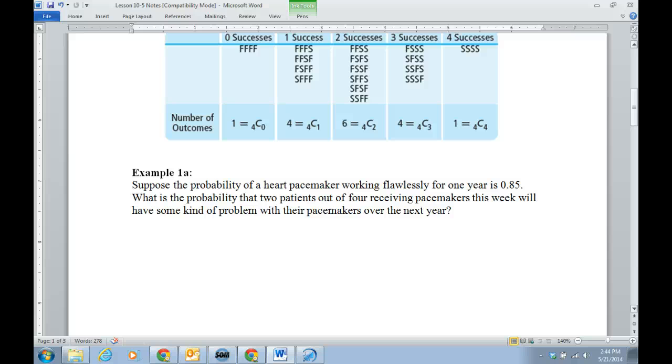Okay. So, first of all, we need to look at the probability that the pacemaker is working flawlessly. So what was that? 0.85, okay? We're going to call that p, little p. All right?